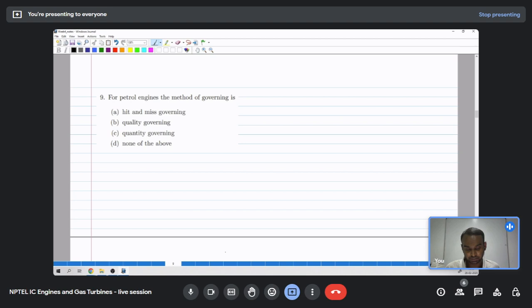For petrol engines, the method of governing is hit and miss governing, quality governing, quantity governing, none of the above.